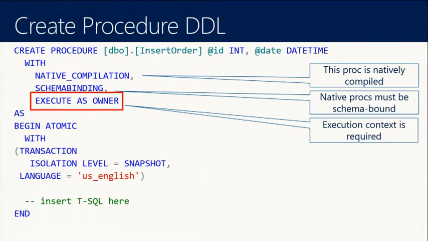Then we also require you to specify the execution context, so you need to specify under which user this stored procedure is going to run. We support owner, self, and also using a particular user here. We don't support execute as caller. The reason is that we don't want to do permissions checks with each invocation of the stored procedure, which is what you would need to do with execute as caller.